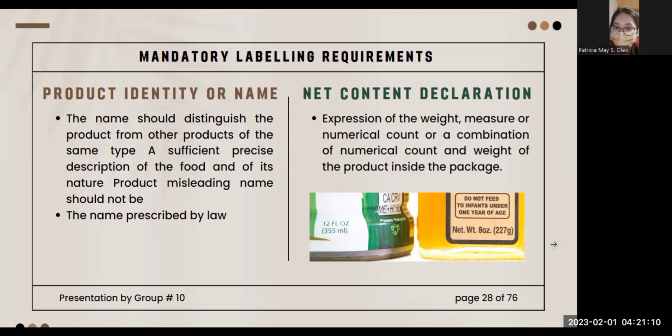Then dapat naka-input lahat ng important information na kailangan ng consumer makita sa label. So, ano-ano ba yon? Yung nutrition facts, directions, ingredients, etc. And the product description itself. And then, the name should be prescribed by the law, especially sa mga medicines.